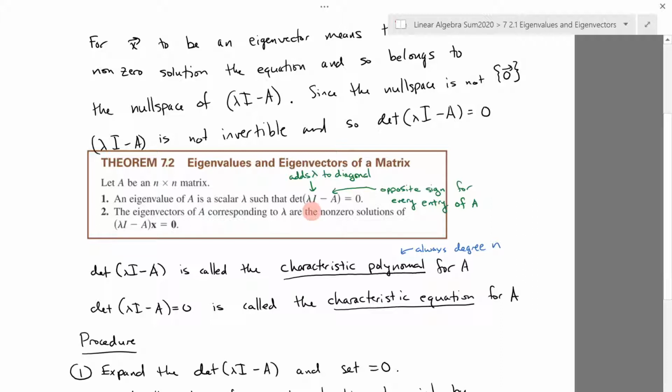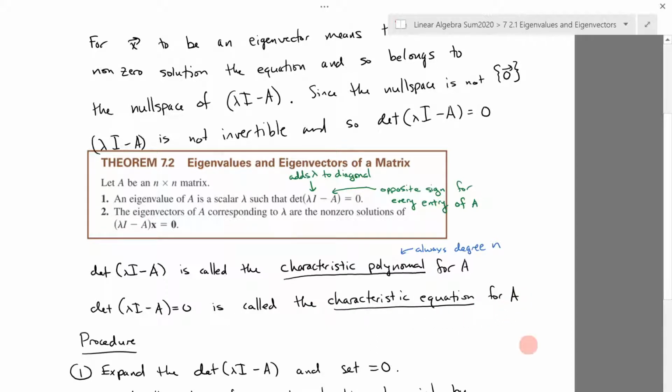So basically lambda I minus A is lambda minus the diagonal entries along the diagonal, and then all the off-diagonal entries are just the opposite sign. Okay, so this determinant, when you expand it out, is called the characteristic polynomial, and it always has degree n. And when you set the characteristic polynomial equal to 0, this is called the characteristic equation for A.